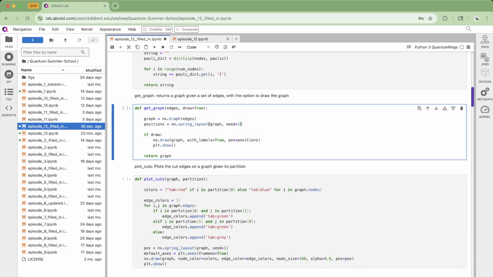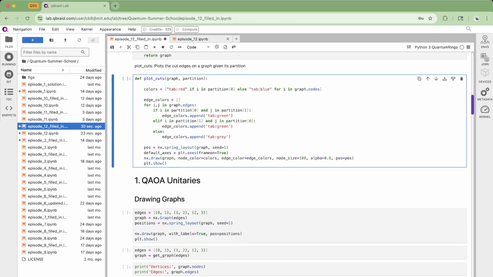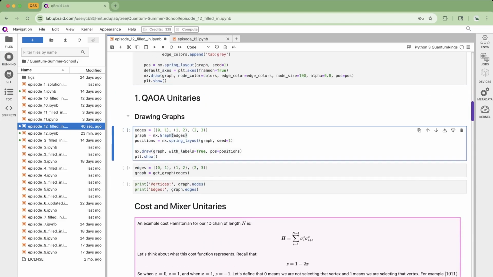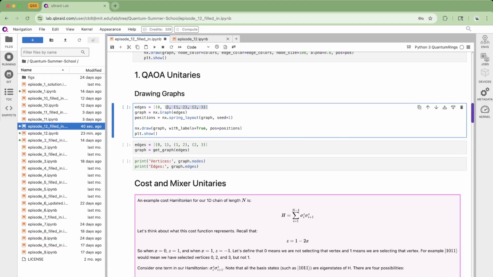Here's a function to get a graph with a given set of edges, and then also plotting the cut edges on a graph given its partition, which we'll talk about later. So we can pretty easily draw graphs here. We just define edges, so this is going to be the vertex numbers. Here we can see there's 1, 2, 3, 4 unique vertices.